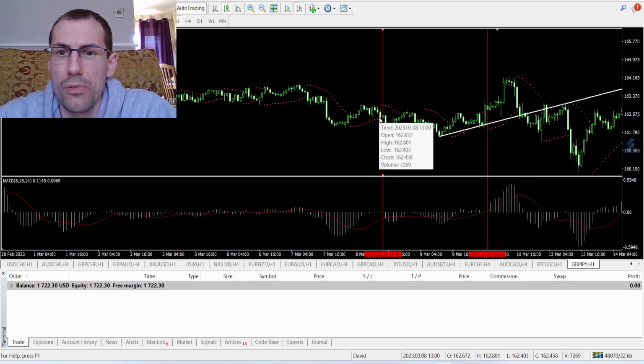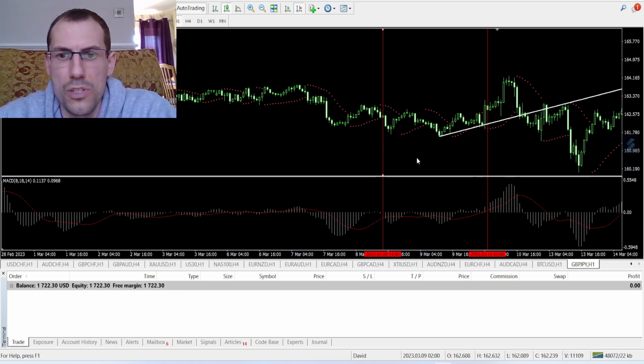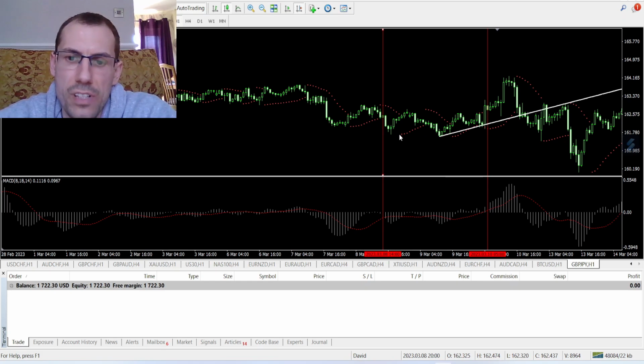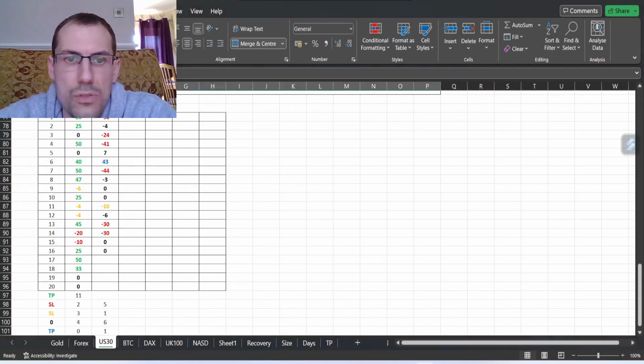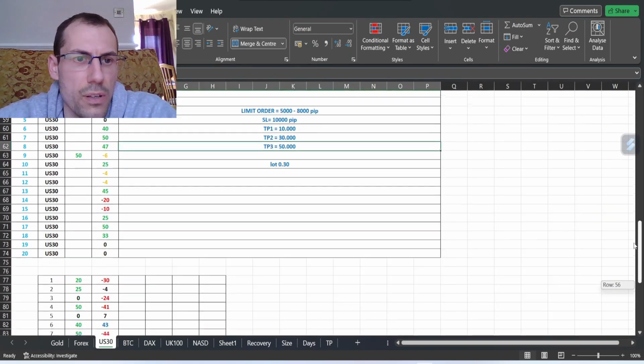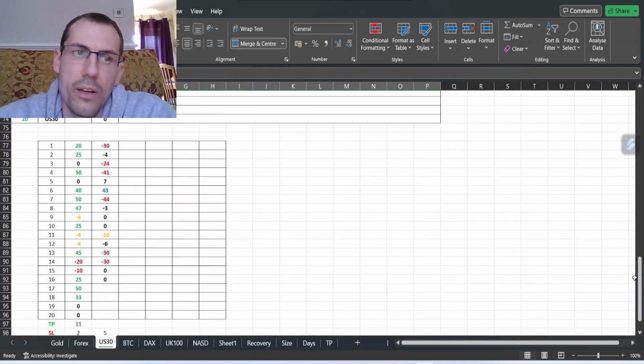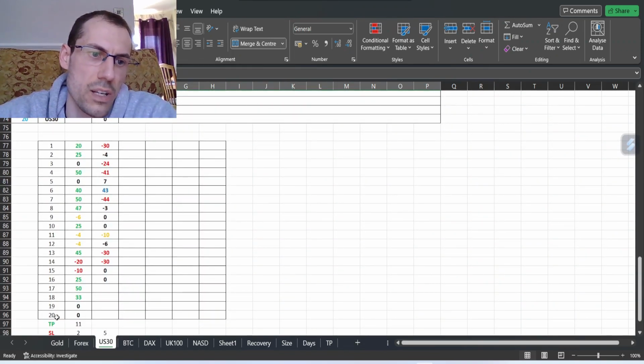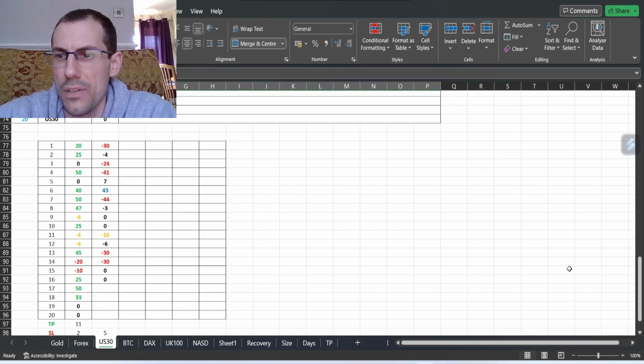So if you want to test it, just scroll back, and your sample size should be 20 or 25 trades. Like just this one, US 30, I always use 20 trades sample size.